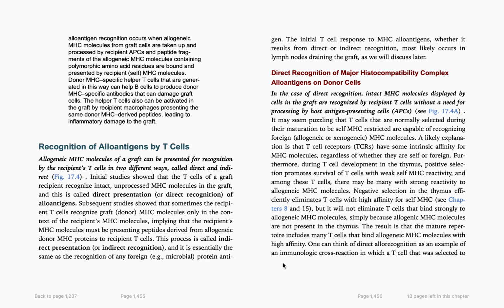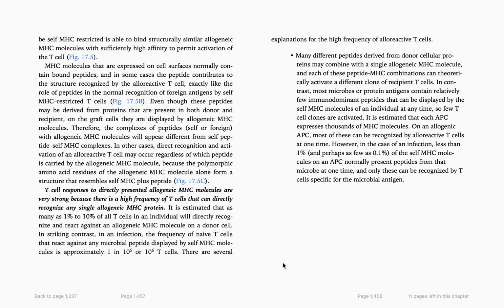One can think of direct allorecognition as an example of immunologic cross-reaction, in which a T cell that was selected to be self-MHC restricted is able to bind a structurally similar allogenic molecule with sufficiently high affinity to permit activation of the T cell.